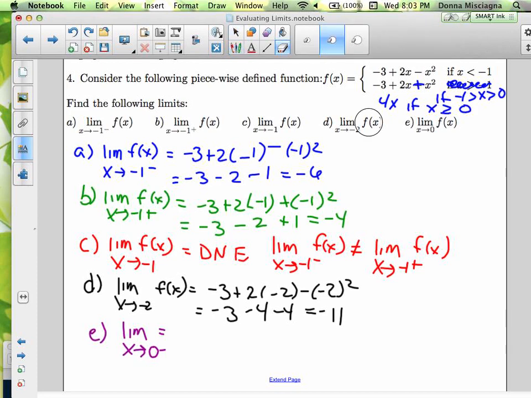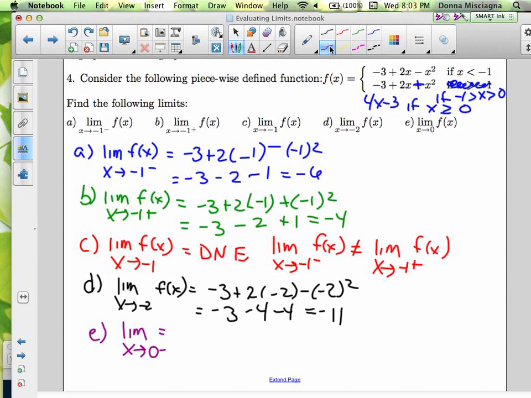I'm going to make one little change, I can do that because I made up the function. We'll keep the 4x, but make it 4x minus 3 if x is greater than or equal to 0.